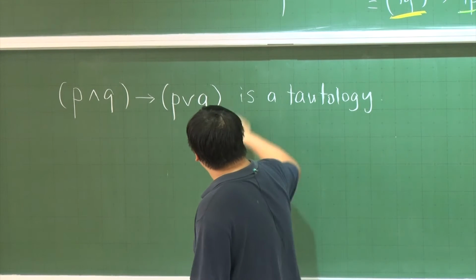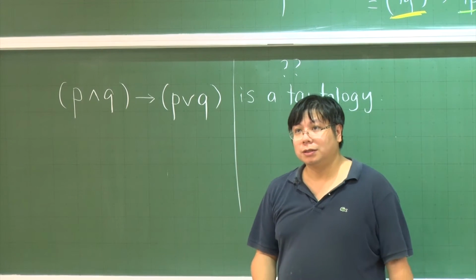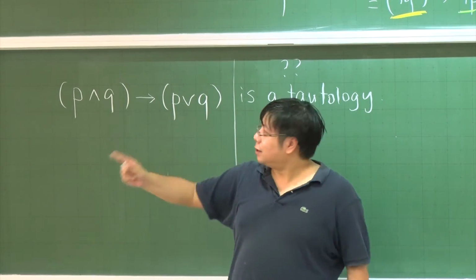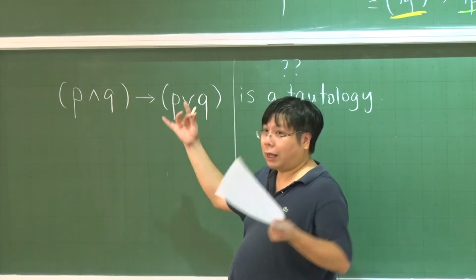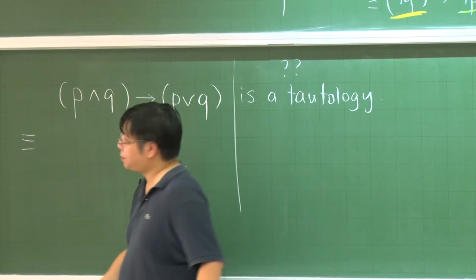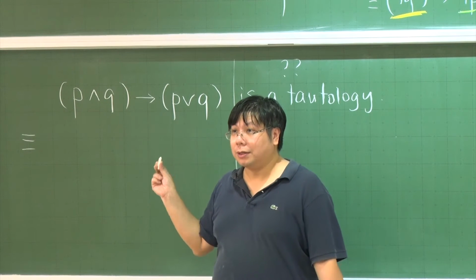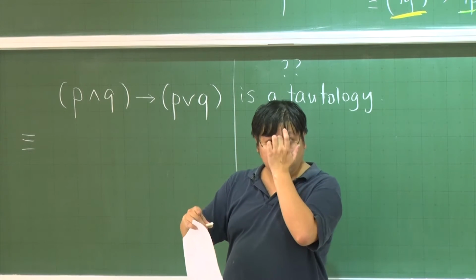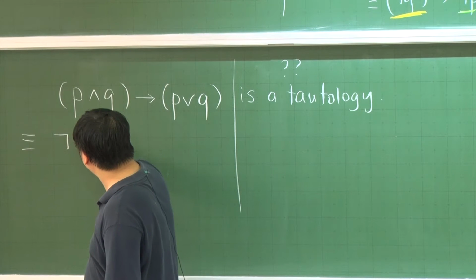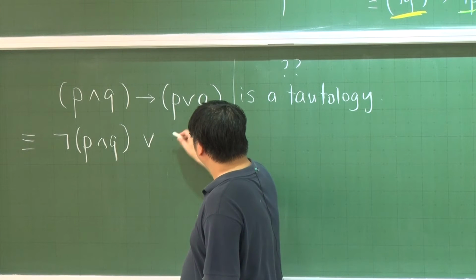We don't know whether it is a tautology or not, but let us try to simplify this. This is very complicated. It has and, it has or, and it has an imply. So let's try to simplify it using this one. P implies Q is not P or Q, so the not of the first part or the second part.